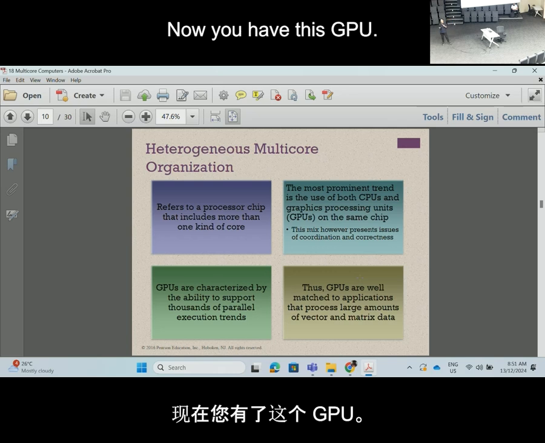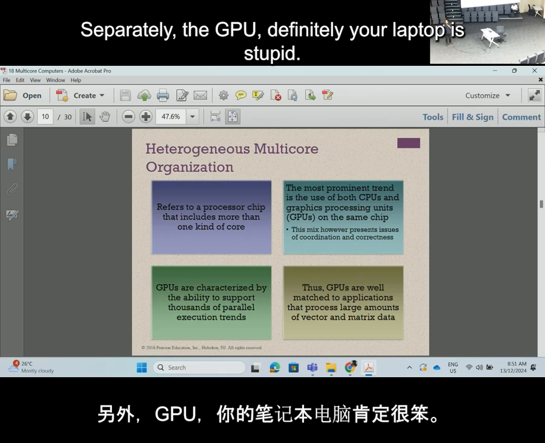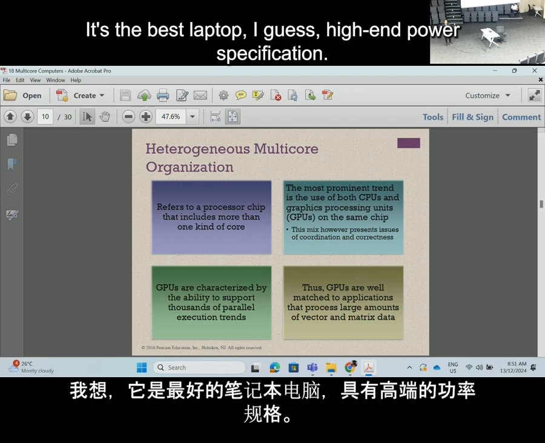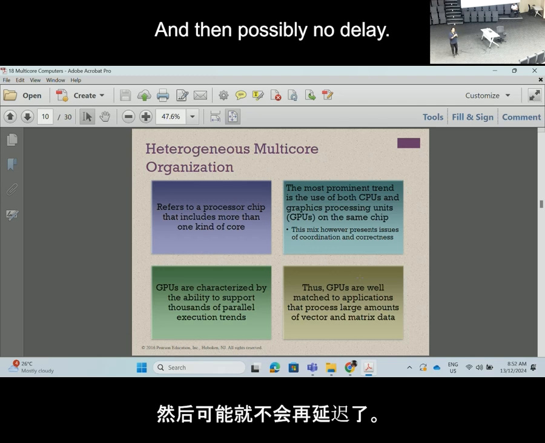Now you have this GPU. If your laptop has a GPU, you install the GPU separately, definitely your laptop is superb. It's the best laptop, I guess, high-end. The power specification is quite optimal, and possibly no delay.